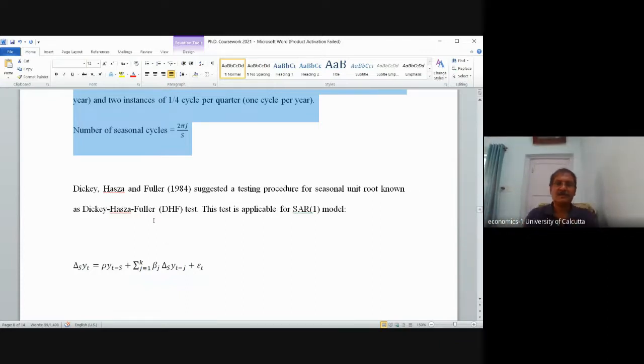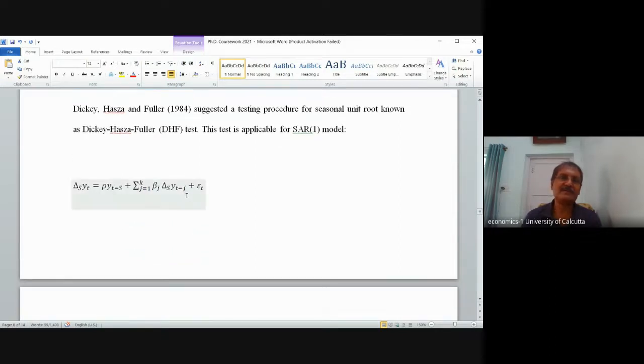So, if your data follows higher order of autoregression, in that case, you have to introduce some augmented terms, because ultimately you have to express higher order autoregressive form into AR1 if you want to execute this test.